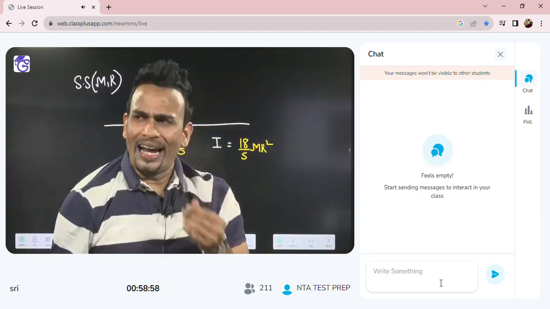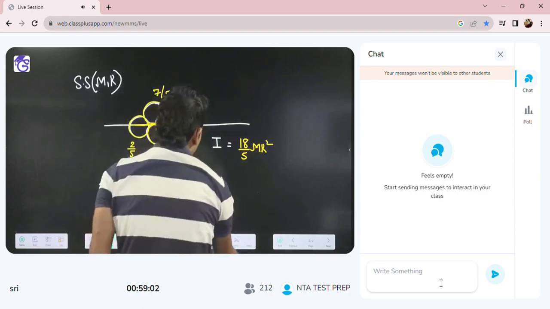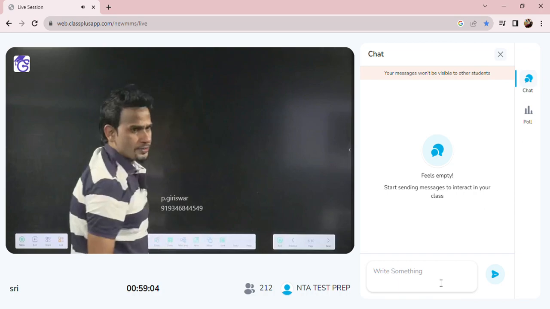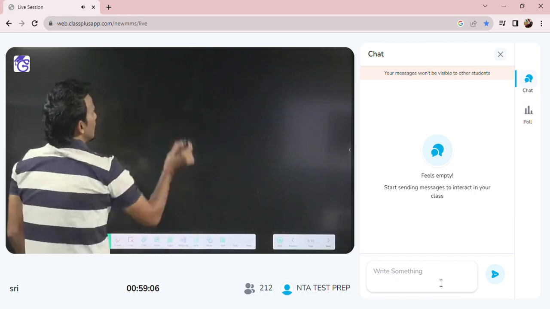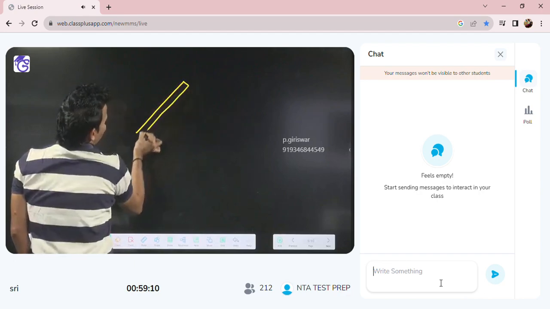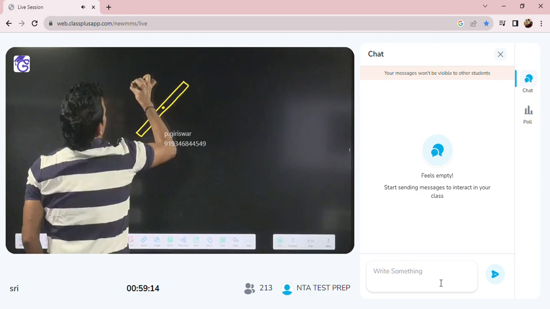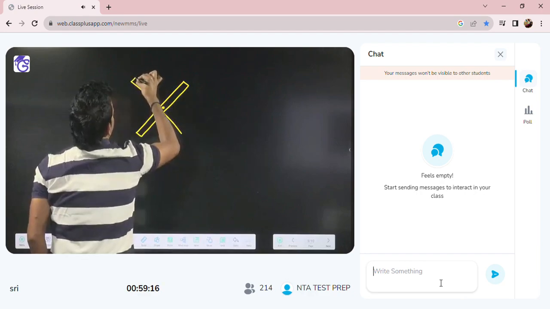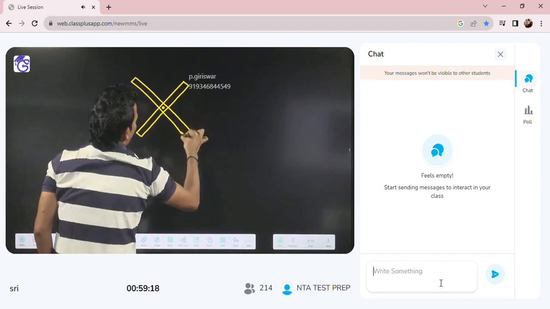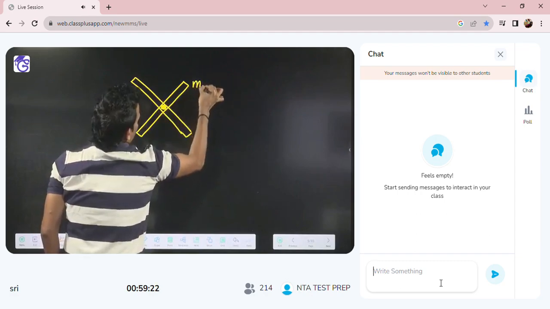You write: two identical rods. This is also a famous question. Two identical rods are joined to form a cross structure.